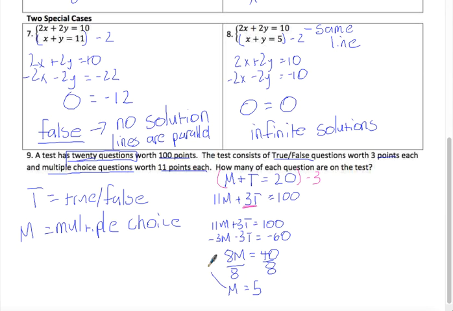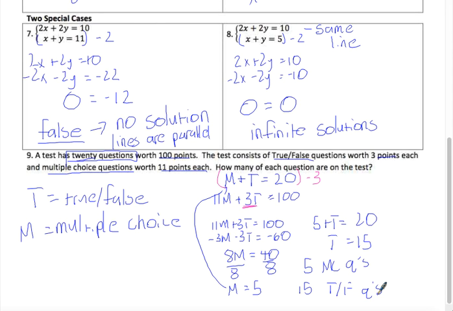And then we just have to substitute this here. So 5 plus t equals 20. Clearly t is 15. So we have 5 multiple choice questions and 15 true-false questions.